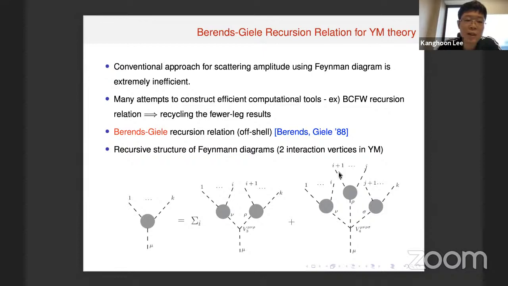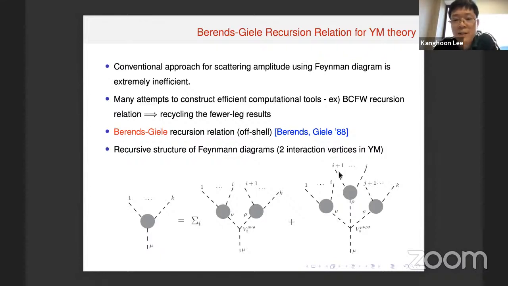If we compute a scattering amplitude of 10 or more particles, we can use the results for 9, 8, 7-particle amplitudes. It turns out that this is a very powerful technique.